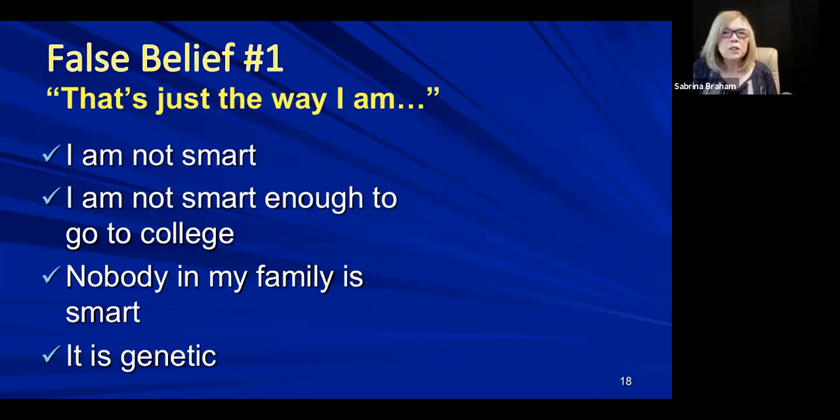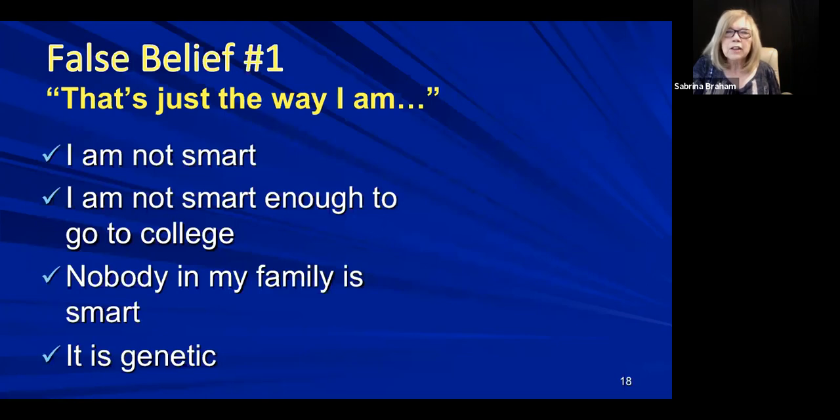So the first false belief, and there's about 10 of them basically, and we're only going to talk about 3 of them today because the challenge with having an hour to do everything is how do we do all of that. So the false belief number 1 is that's just the way I am. This is a really common one, even as you're listening to people today, people that work for you or people that are around you.